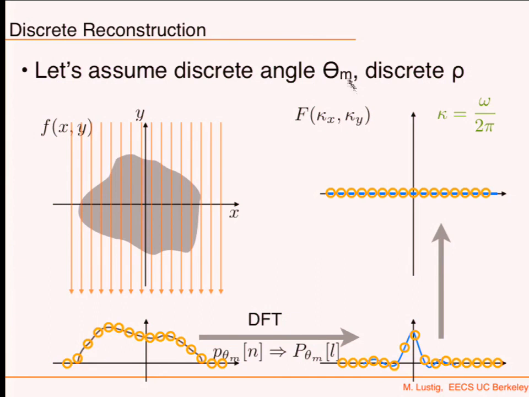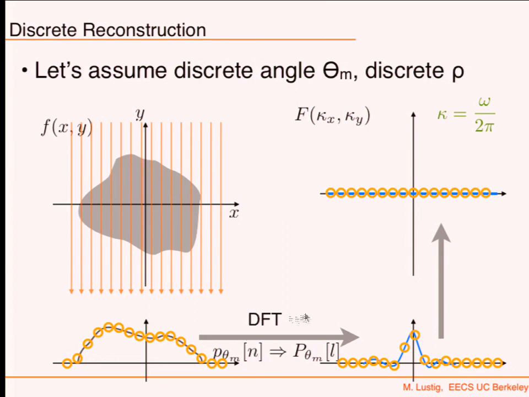So for a particular m, I'm going to have a particular theta. That's my discretization here. And then I've got n, which is really where I am in the radius. But it's all indices now. So m is discrete, n is discrete. Now I make this projection. I've got measurements, p of theta sub m as a function of n.